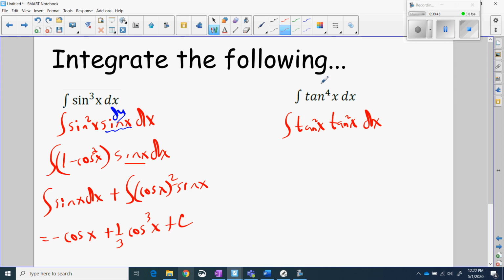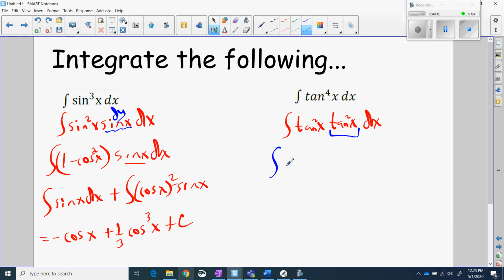I'm not 100% sure this is going to work, but I'm pretty sure what it's going to allow me to do is change one of these tan squareds into secant squared minus 1, and then that's going to set up, hopefully, a chain rule. So let's see what happens here.